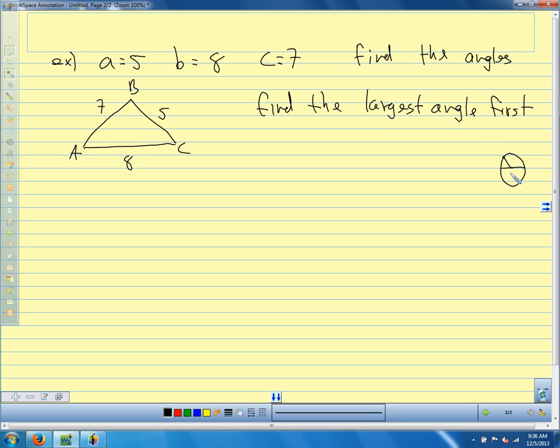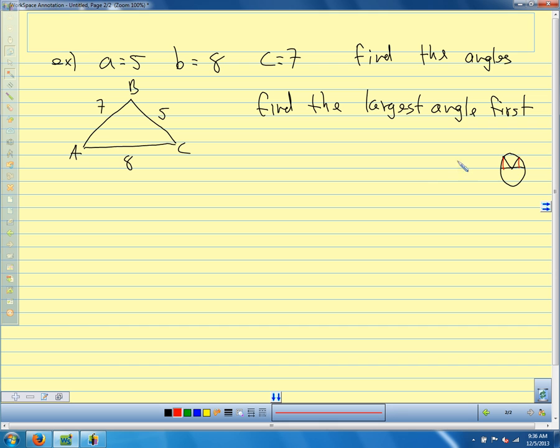Negative pi halves to pi halves. So our angle has to be over here. What the calculator is doing is saying we're finding this y-coordinate, but my y-coordinate has to be in this quadrant, so it's going to find this angle over here that's in the domain of the inverse sine function, and give you that angle. So our calculator will not give us an obtuse angle when we press the inverse sine button.